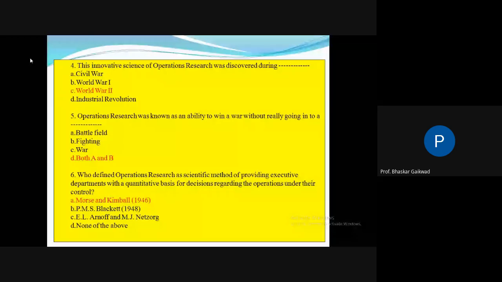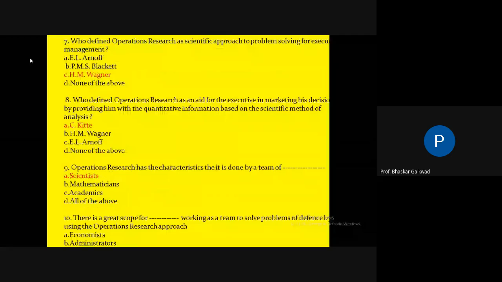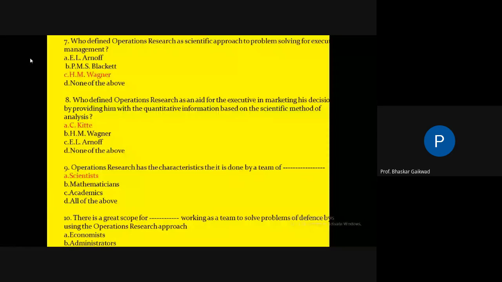Then 7, who defined operation research as a scientific approach to problem solving for executive management? Here is also one more scientist, C in red color, the correct answer. Who defined operation research as an aid for the executive in marketing, a decision by providing him with quantitative information based on scientific methods? Here is also one more scientist.